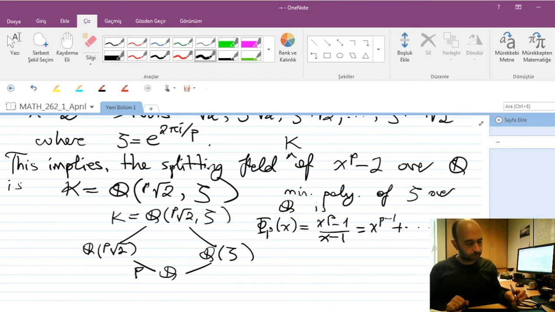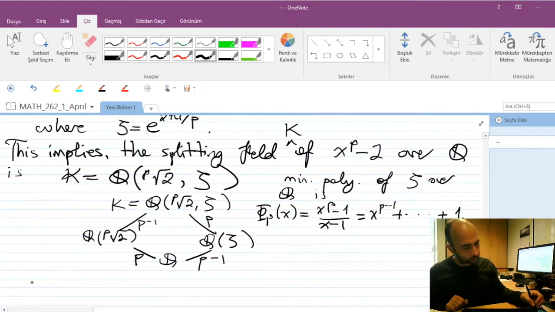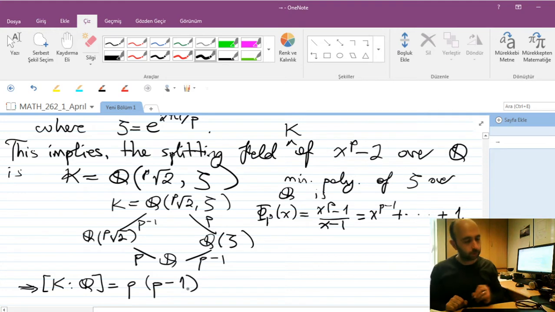So this is the minimal polynomial, so this degree is p minus 1. Now, p minus 1 and p are relatively prime, therefore we can complete the other degrees up here, and this altogether implies that this extension has degree p times (p minus 1).